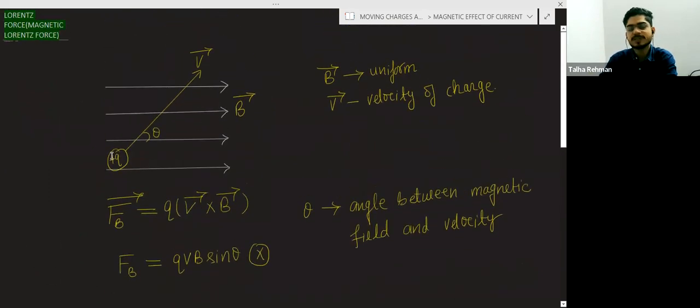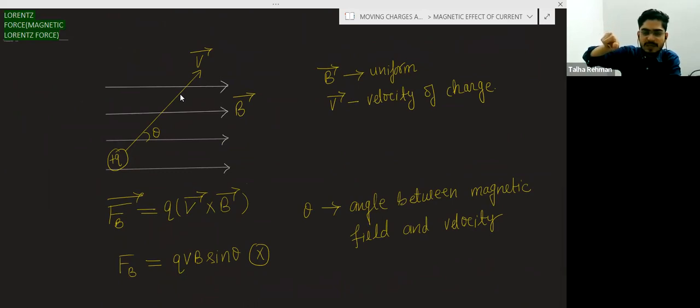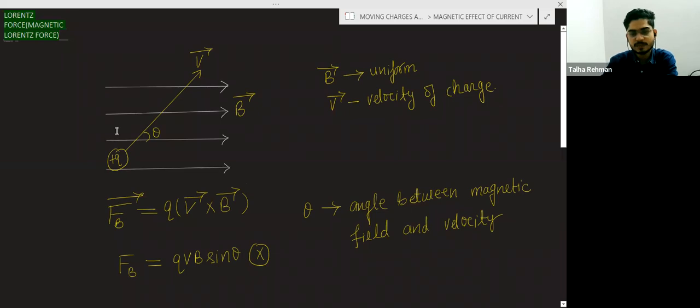You will consider that charge as a positive charge moving like this, and you will find the force. If you get the magnetic force inwards by the right hand rule, then you will consider the direction of the magnetic force outward, since your charge is negative. Just note it down.